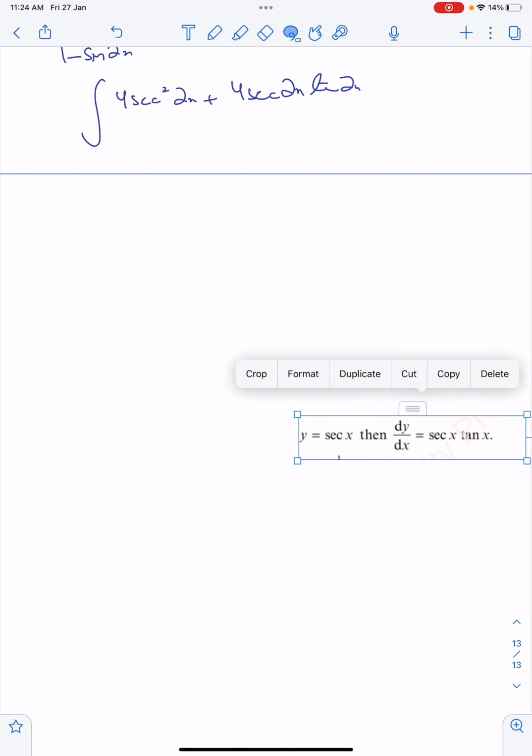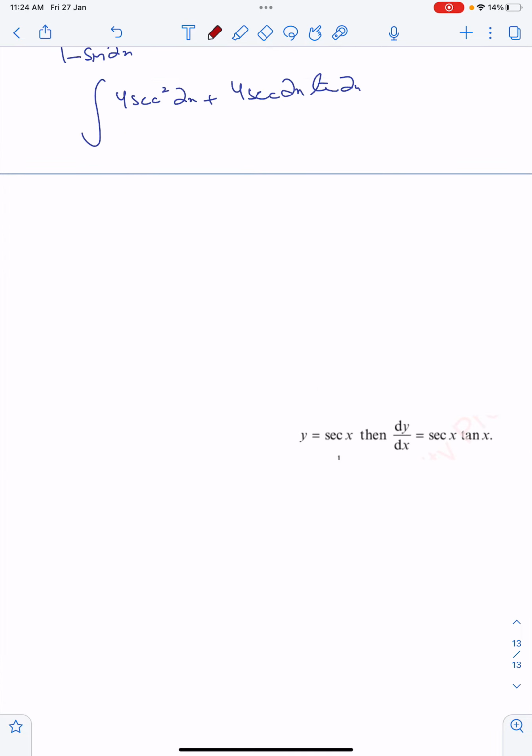If the differentiation of this is this, that means the integration of sec x tan x dx is going to be sec x, and we have to integrate sec of 2x tan of 2x.